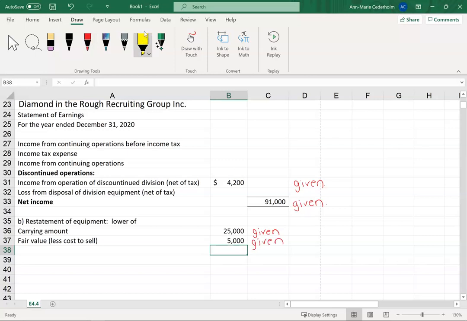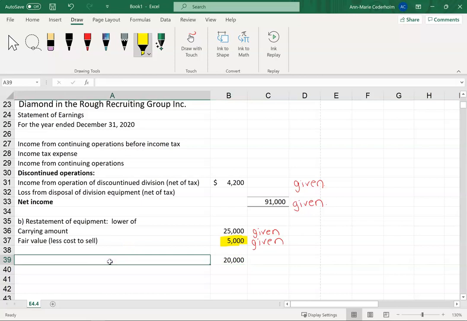And the fair value is lower. So because it's lower, we can write this down now. So if I do 25,000 minus 5,000, then the journal entry would be a debit to the loss and then the credit to the net asset. So then this 20,000 is the amount to write down before tax.